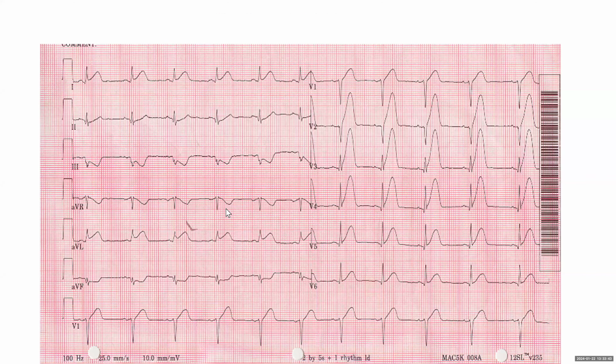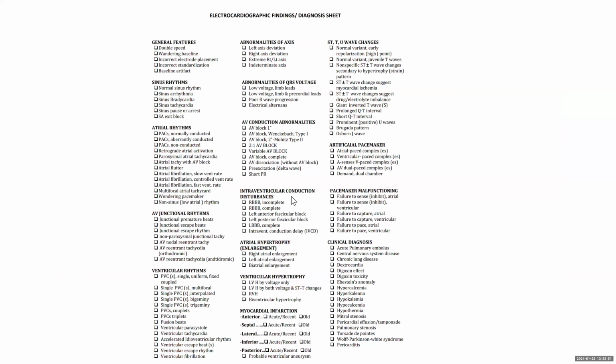And then there is anterolateral ST elevation, right? This is what we would write in real life. But for the codes, you can code anterior, acute recent, septal, and lateral, right? So you get 3 codes. And then STT changes suggest myocardial ischemia.